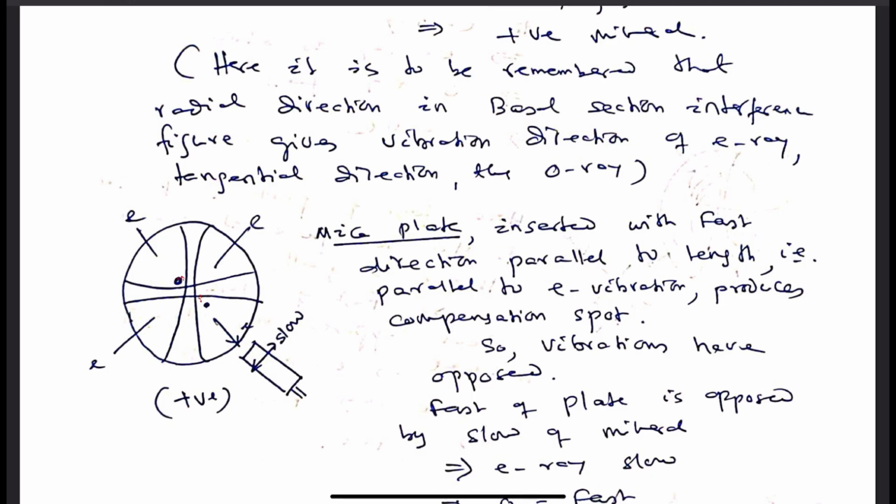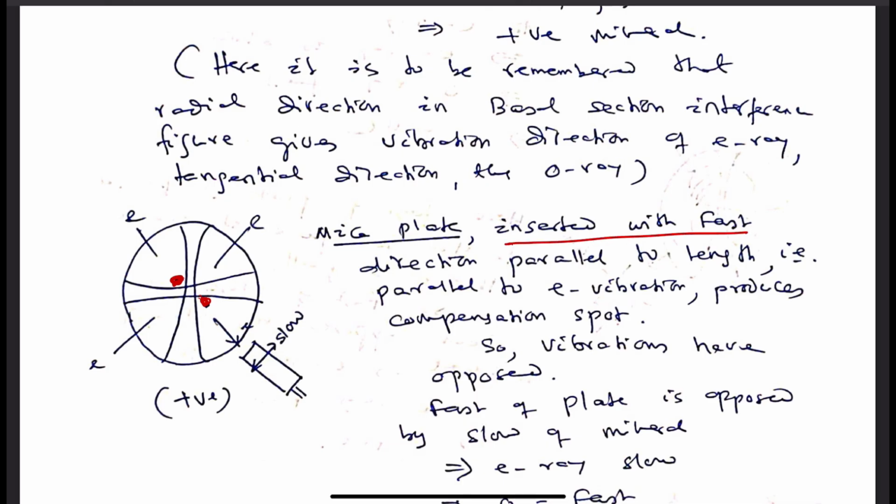So if there will be help, there will be no compensation. If there will be cancellation, there will be the retardation spot. So these are the retardation spots, or we can say these are the compensation spots.